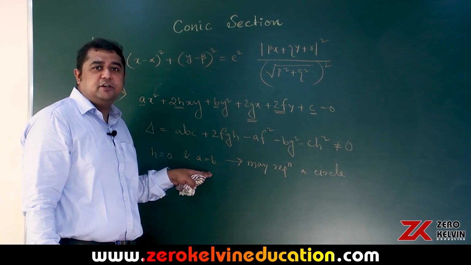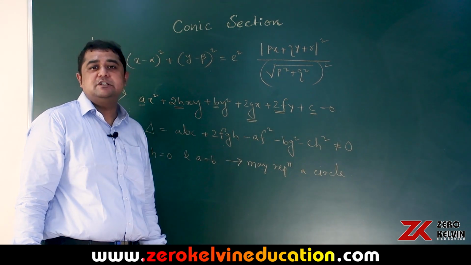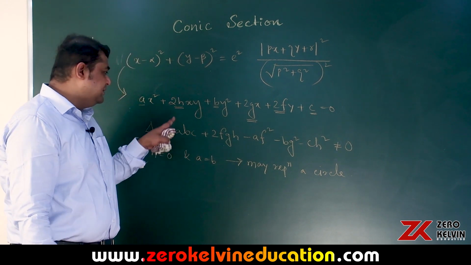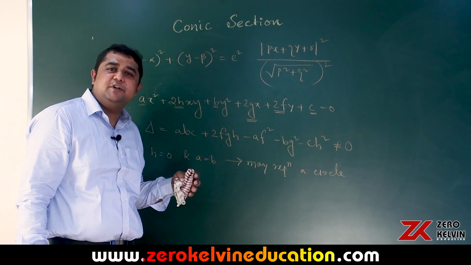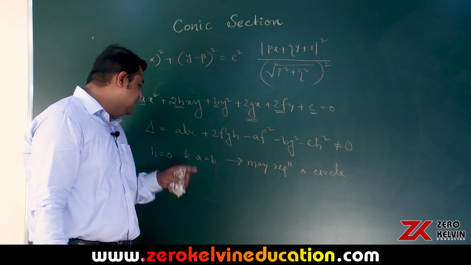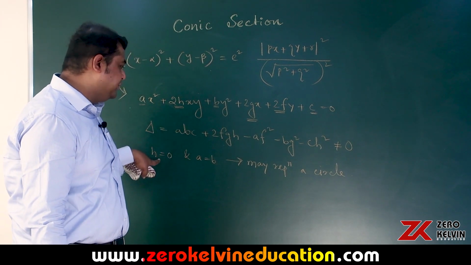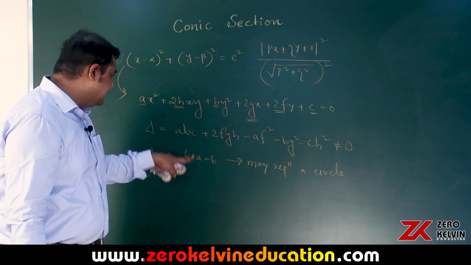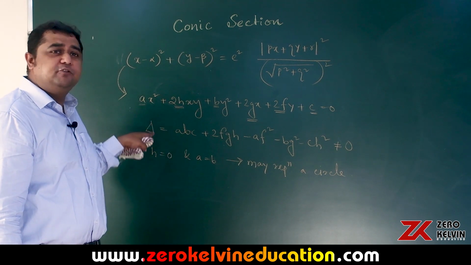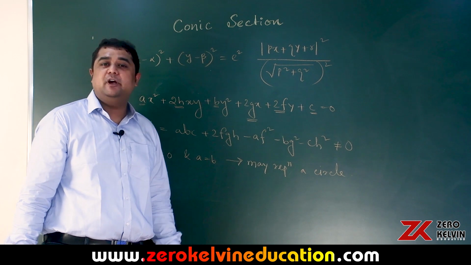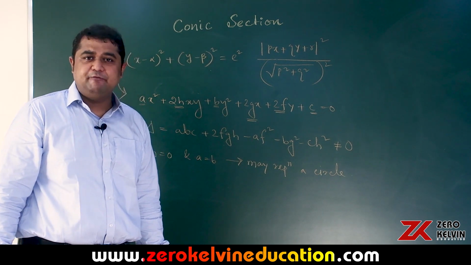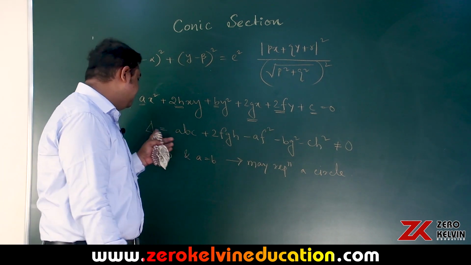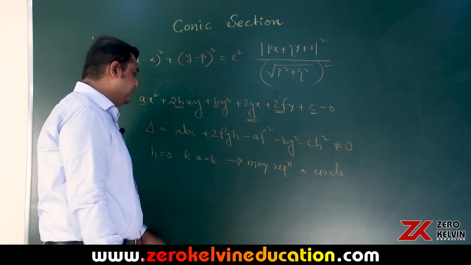So, all these conditions will always have a lead open towards representing nothing, that is, standing for the null set. Otherwise, if it is something feasible and able to represent something in the two dimensional plane, in that case delta not equal to 0, h equal to 0 and a equal to b will lead us to a circle. That is, in the standard representation of a circle, what we have found is that x square and y square appear with the same coefficient, and there is no xy term in the representation, and that itself is sufficient to ensure that delta is not equal to 0.